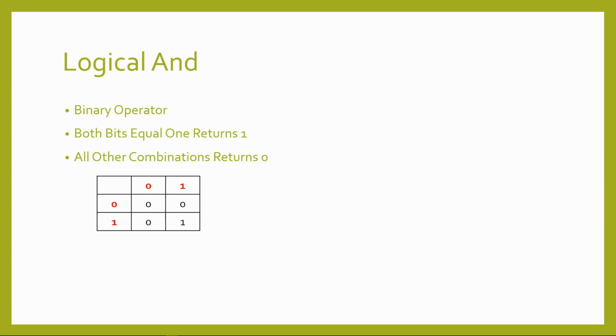Looking from left to right, the first row, 0, 0, will return 0 because both aren't ones. A 0, 1 returns a 0 because, again, not both are ones. A 1, 0, again, 0. And the only one to return 1 is a 1 and 1. Again, 1 represents true and 0 represents false in most binary calculations.